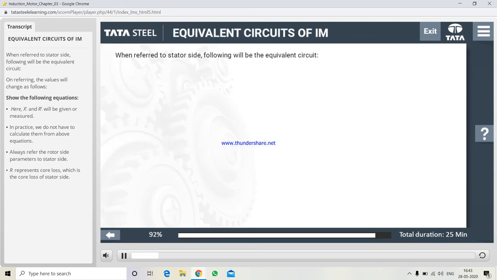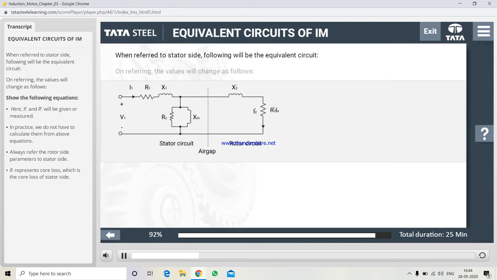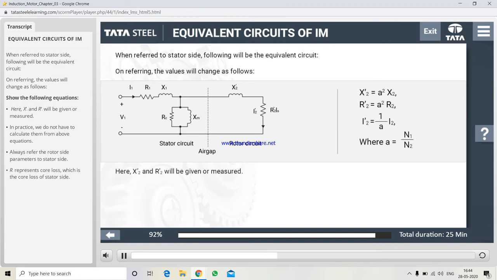When referred to stator side, following will be the equivalent circuit. On referring, the values will change as follows. Show the following equations. Here, X2 and R2 will be given or measured. In practice, we do not have to calculate them from above equations.